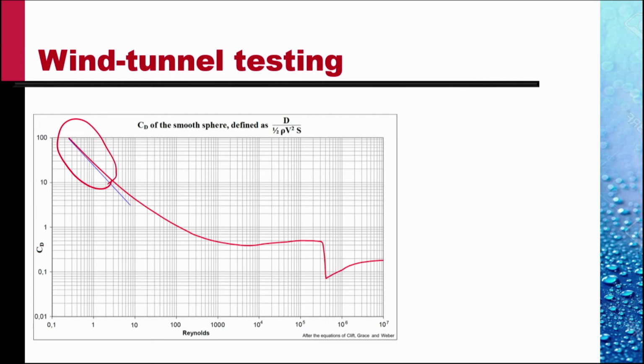But the interesting thing to note is this region where the drag coefficient is independent of the Reynolds number. First, over this range from 10 raised to the power 4 to about 3 into 10 raised to the power 5, CD is constant.